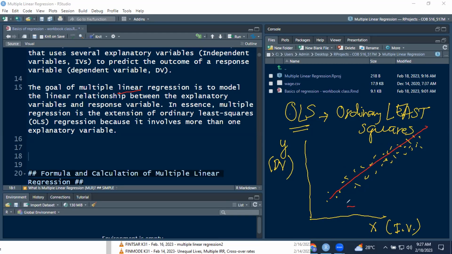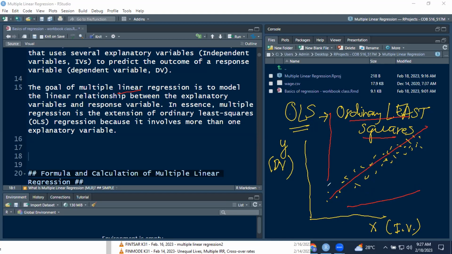Definitely it will not be this line or this line. Now how do we determine what this line is? This specific line is determined using this method, ordinary least squares.